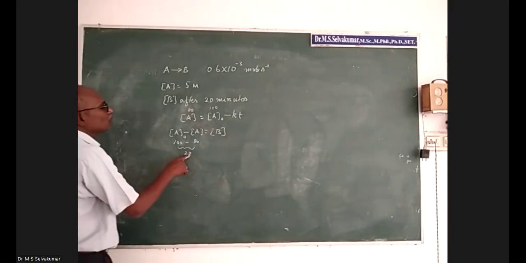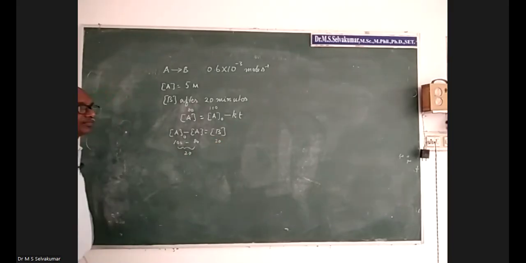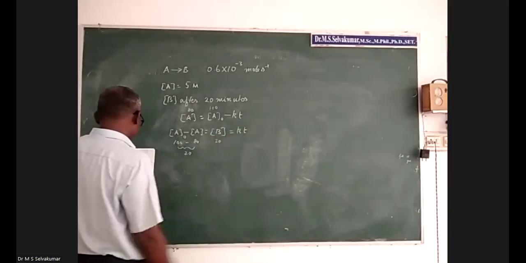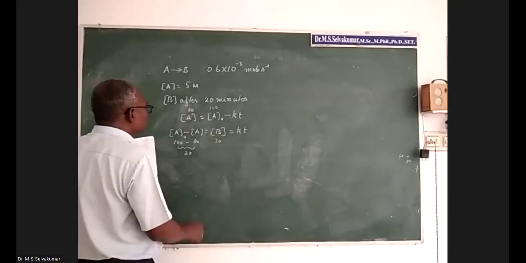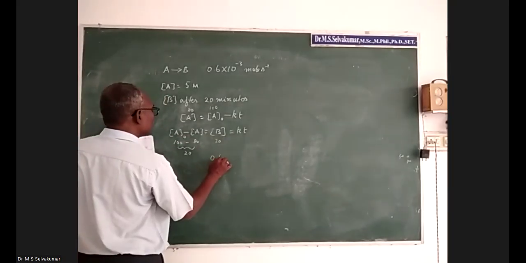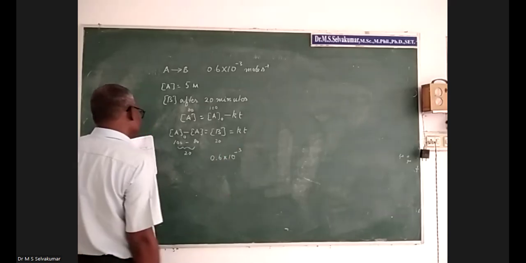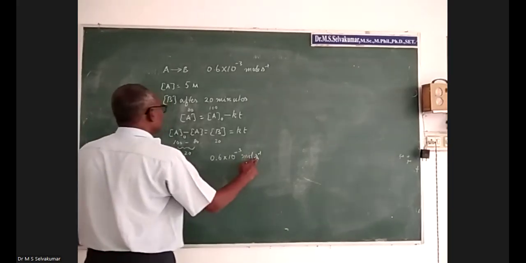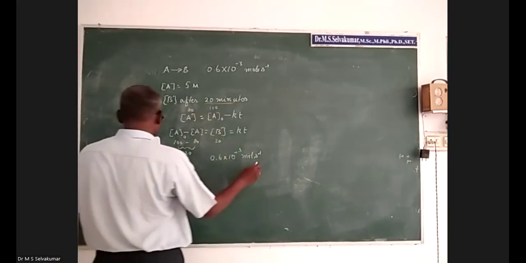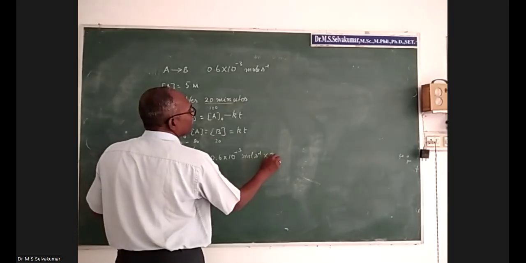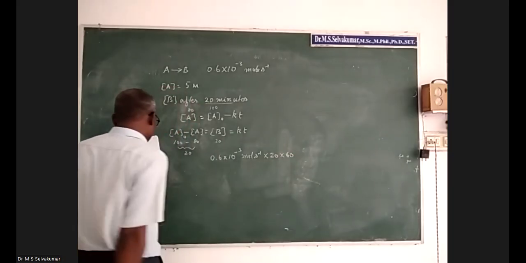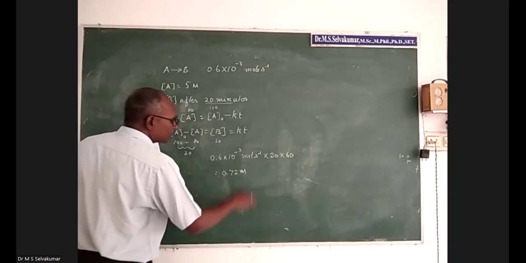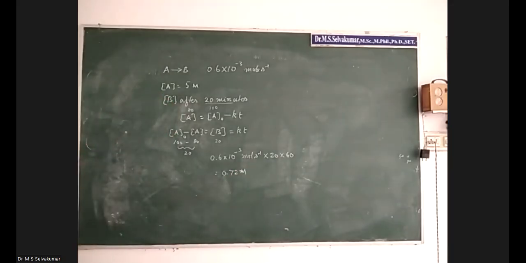So these 20 molecules might have become 20 molecules of B. So the concentration of B is equal to K into T. K is given, which is 0.6 into 10 power minus 3 mole per second. It is expressed per second, but here what is given is 20 minutes. Therefore, multiply by time in seconds, 20 into 60, and you get 0.72 molar. So that is the answer.